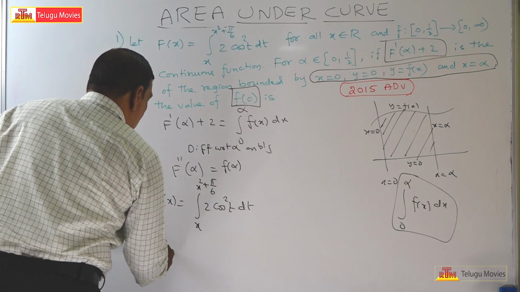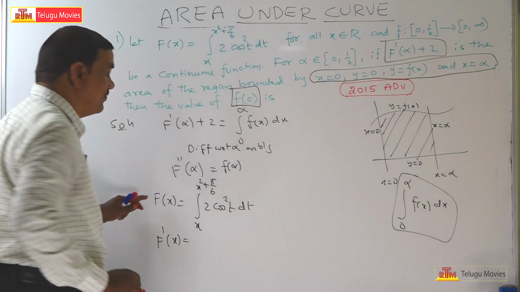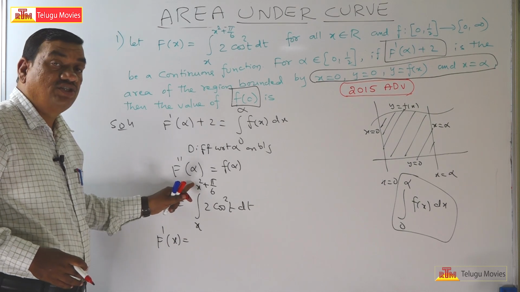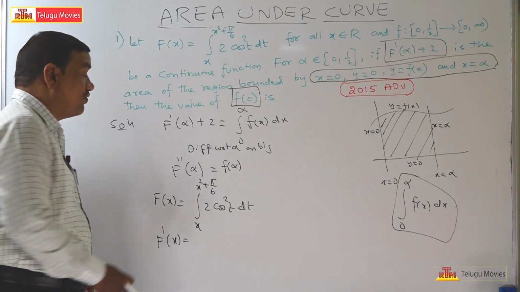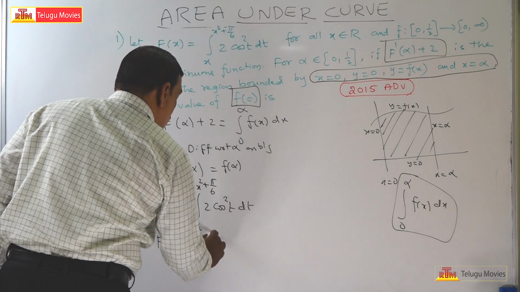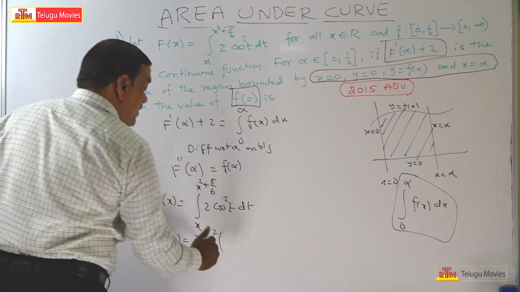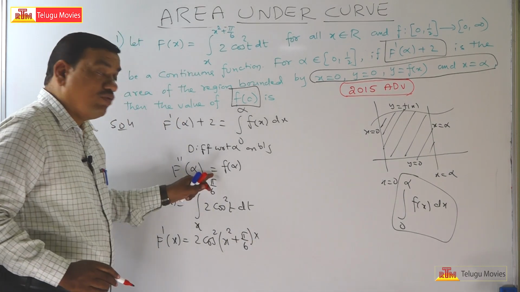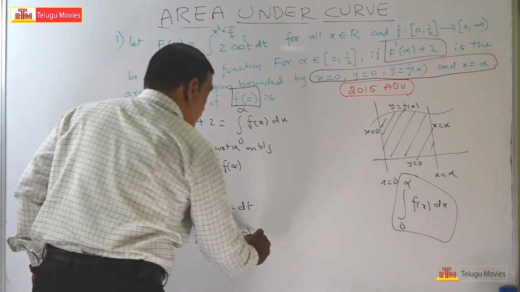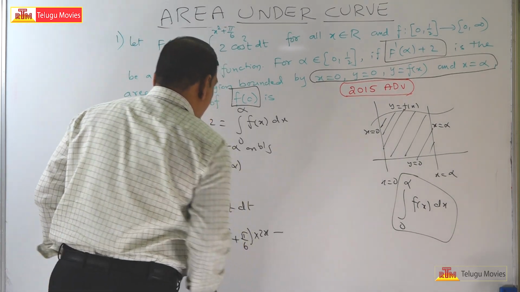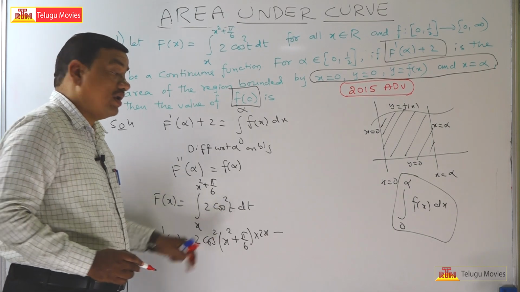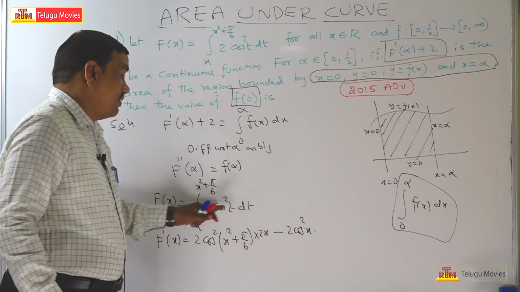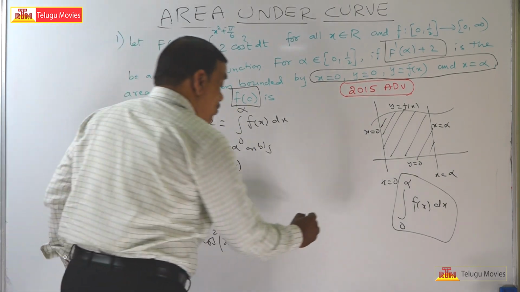Now F dash of x is equal to, differentiating with respect to x on both sides, using the Leibniz formula, 2 into cos square of the upper bound, that is x square plus pi by 6, into the derivative of the upper bound, 2x, minus again you substitute the lower limit, 2 cos square x, into derivative 1.